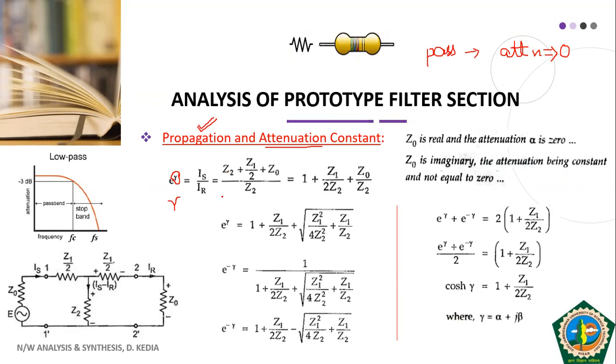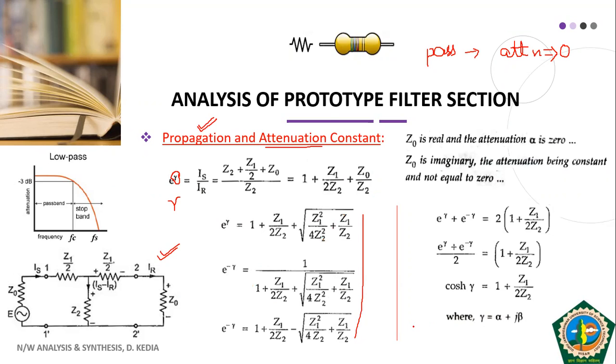I had explained the derivation of this propagation constant in detail in the previous class, and I have reproduced that derivation here for you. This circuit has been used to find out the value of gamma. You can go through my previous video and you will be able to understand its derivation.